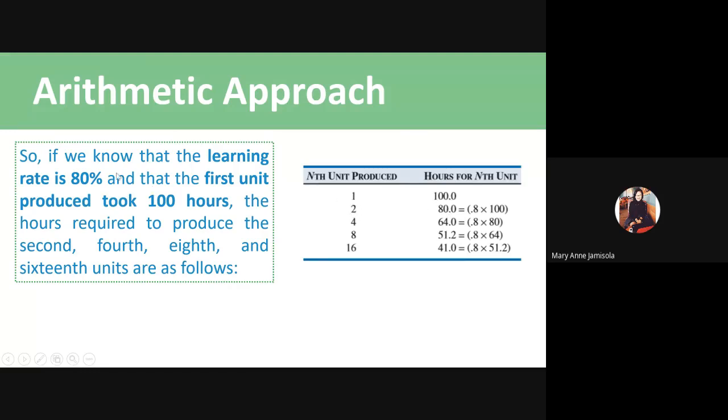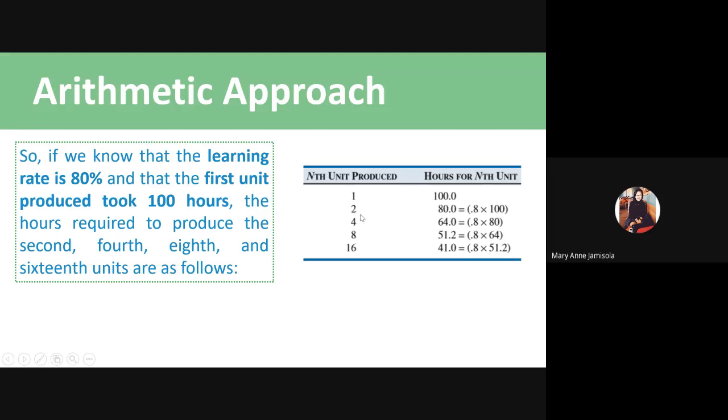So since our learning rate is 80%, that means in producing the second unit, it will only require us 80% of the time that we have used in producing the first unit. So since the first unit has 100 hours, 80% of that is 80 hours. So when we produce the second unit, it only required us 80 hours to finish.